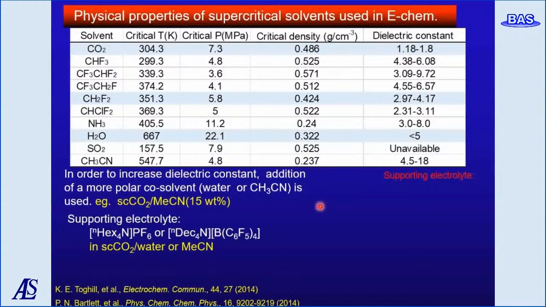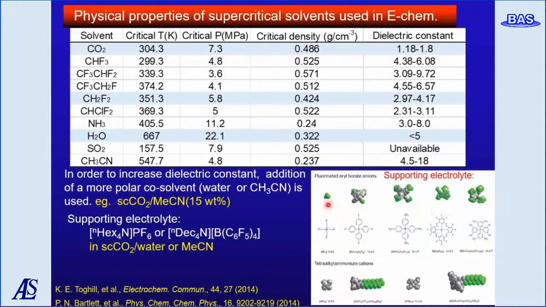Also, the supporting electrolyte is important to achieve high solution conductivity and reduce IR drop. The combination of fluorinated aryl borate anion and tetraammonium cation, as shown in the CPK model here, is often used as a supporting electrolyte in these critical fluid systems.